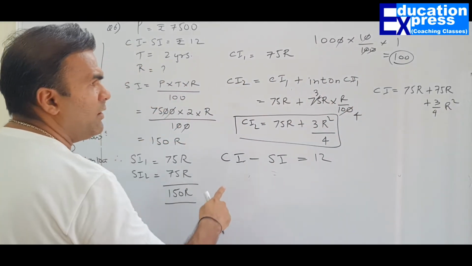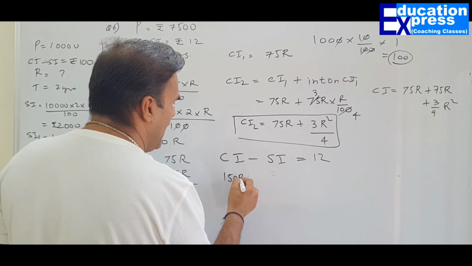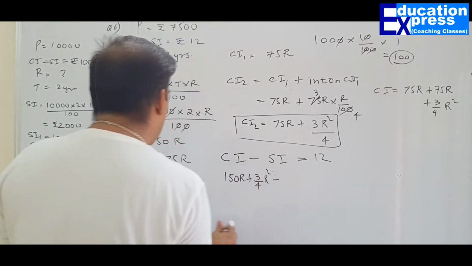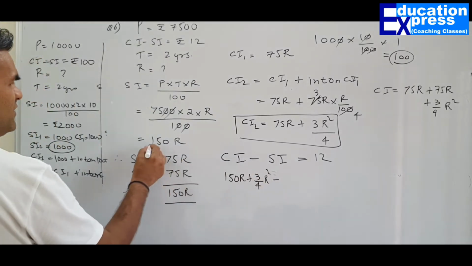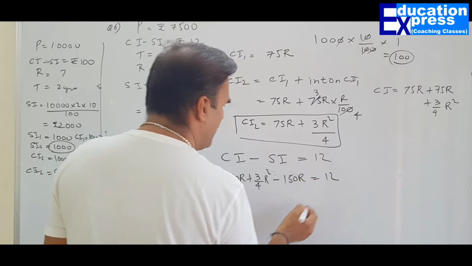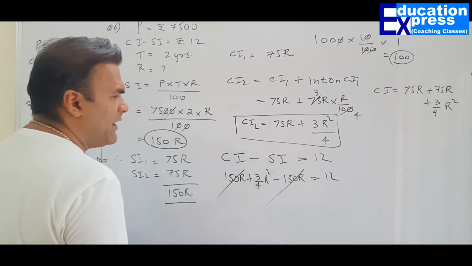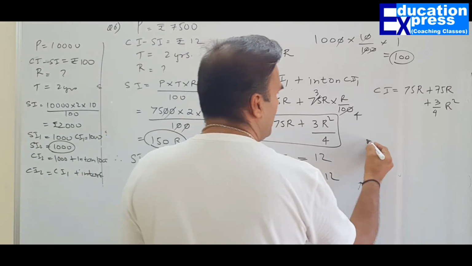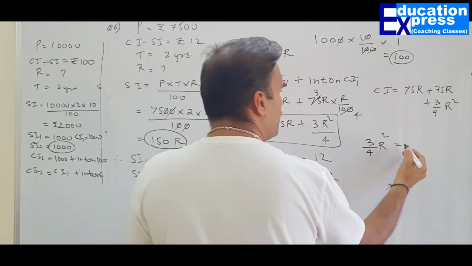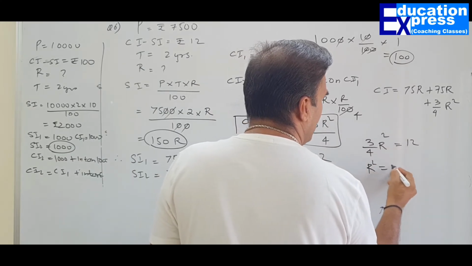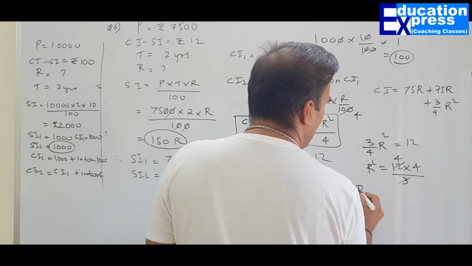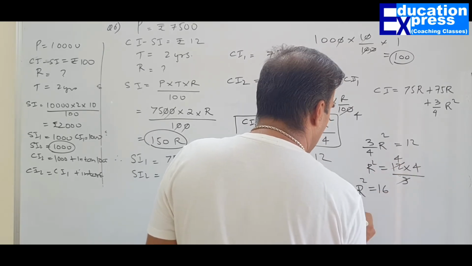So we know my total compound interest is 150R plus 3 upon 4 R square, minus what is my simple interest? 150R, equals 12. 150R cancels. 3 upon 4 R square is equal to 12. R square equals 12 into 4 upon 3. 3 fours are 12, so R square equals 16. R equals 4%.